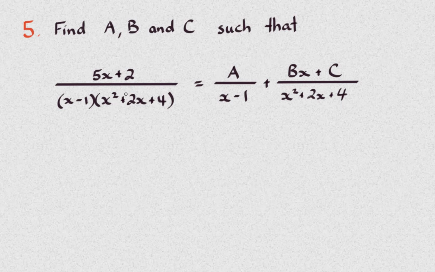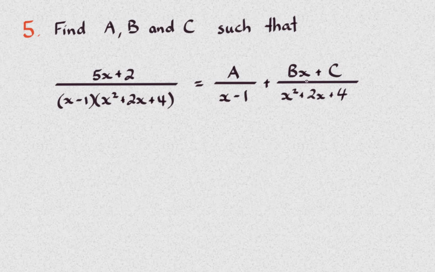So when we look at x squared plus 2x plus 4, this is irreducible. We can't factorize this. So we just have to leave our denominator in the second fraction as x squared plus 2x plus 4.